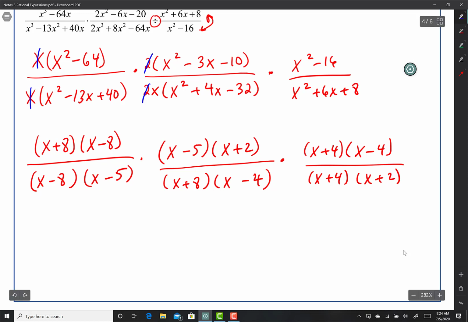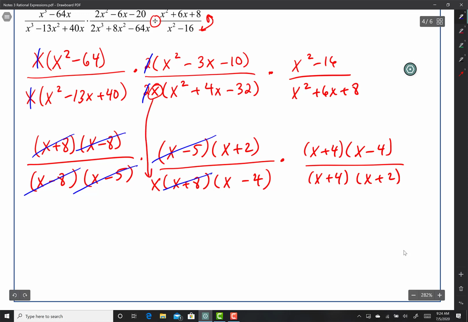So let's see. X plus 8, x plus 8. I see those two, so I'm going to cancel those. I see an x minus 8 and x minus 8. And then I see an x minus 5 and x minus 5. Let's see, I see an x. Oh, look, I almost made a mistake, guys. This x there goes right there. I think the text message distracted me.